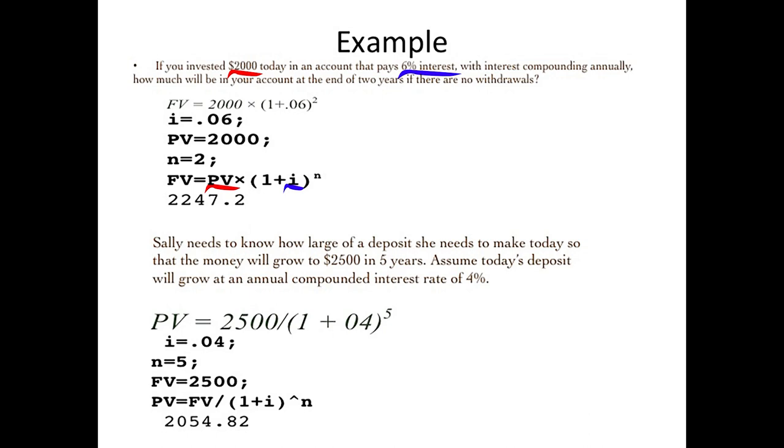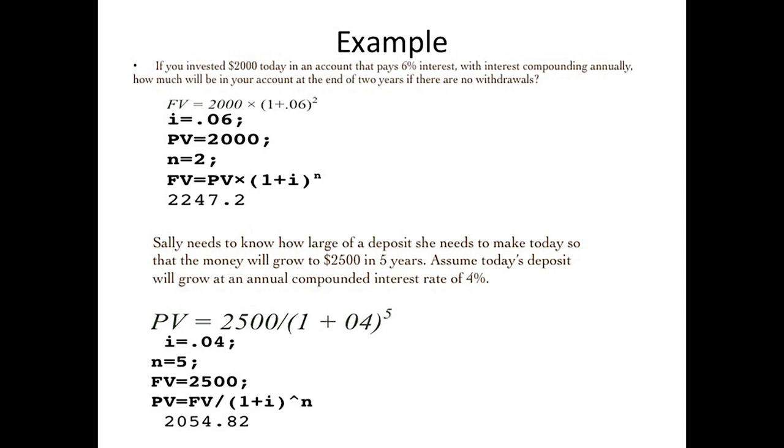Okay, and then how much will be in an account at the end of 2 years? So n equals 2. 2 years, the interest rate for each of those periods is 6%. We are required to calculate the future value, which when you use that formula that we discussed, future value equals present value times 1 plus I raised to the power n. You substitute in all those values and you get your future value as $2,247.20.